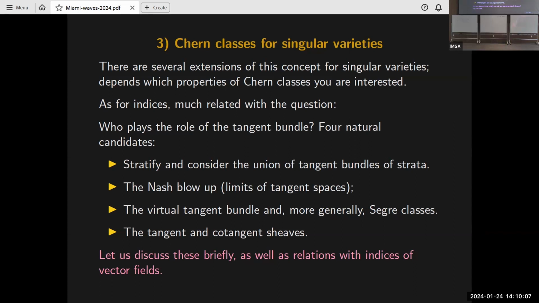I will say more. Or you can take also the tangent or the cotangent sheaves. Those are natural objects that can play the role of tangent bundle in the singular setting. Let's discuss this briefly.